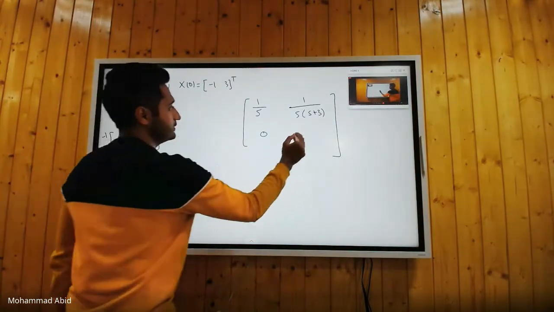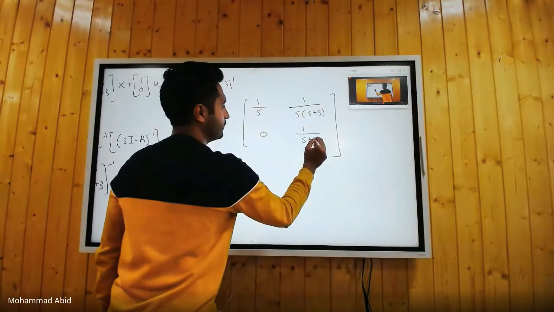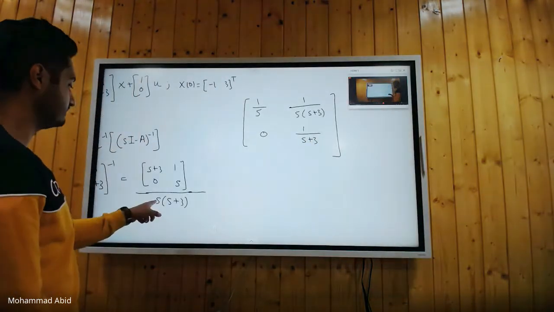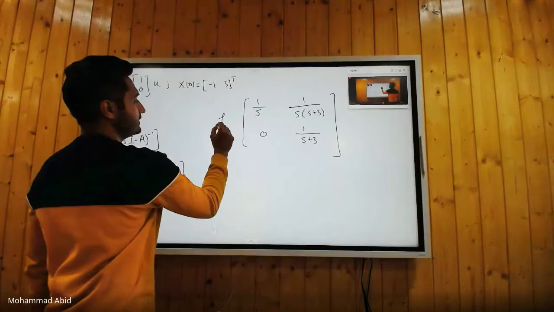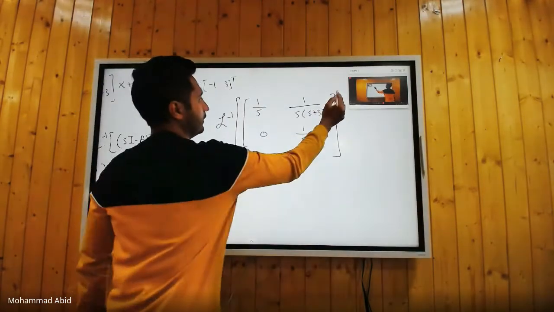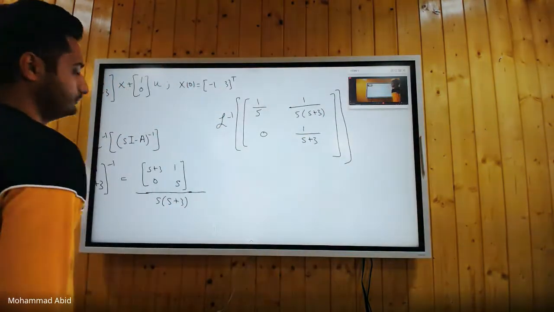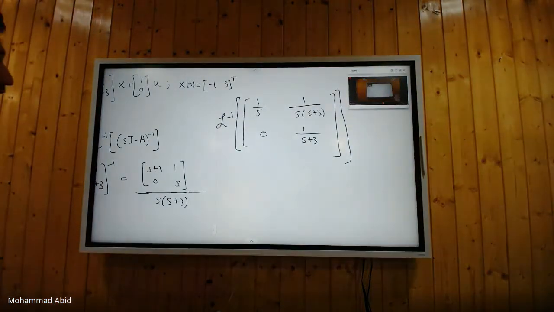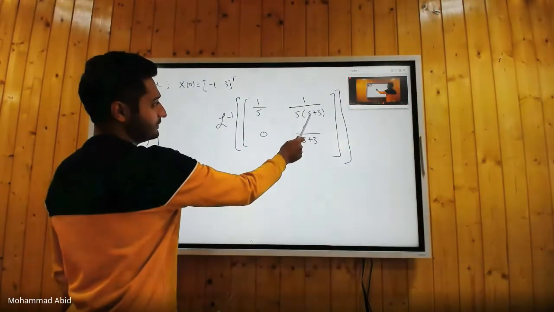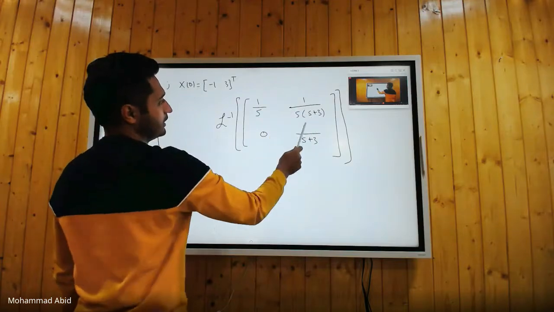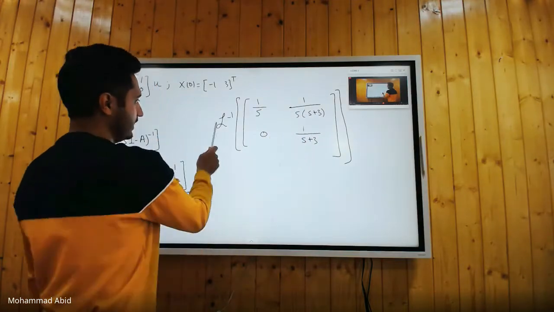This is 1 by s plus 3. I just divided every entry by s into s plus 3, and I have to find the Laplace inverse of this. You can do partial fractions for this term. That will make it easy to evaluate the Laplace inverse.